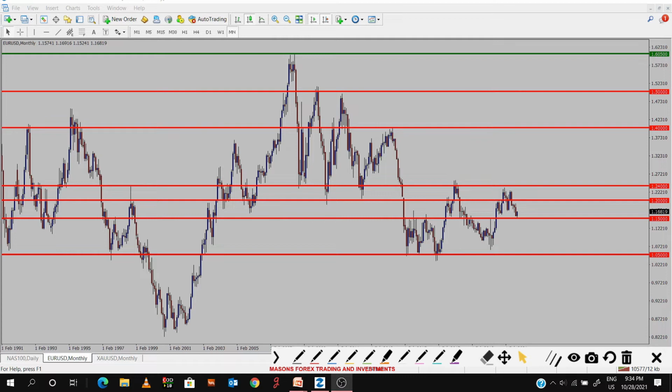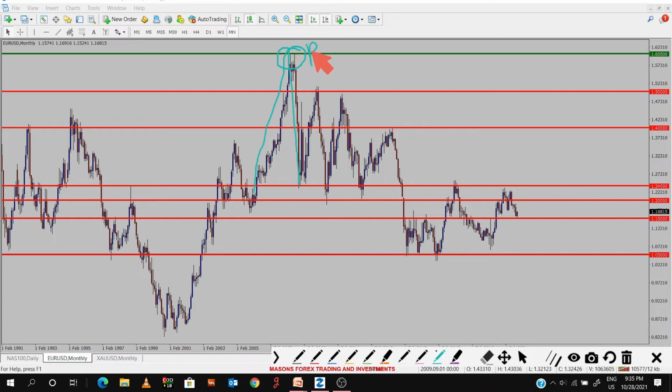We're now on EURUSD monthly. Once again, my levels have already been marked. If you look at 1.60500, price reaches the level right here and moves lower.